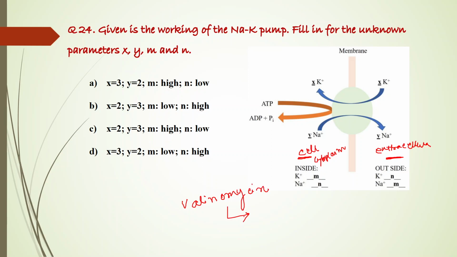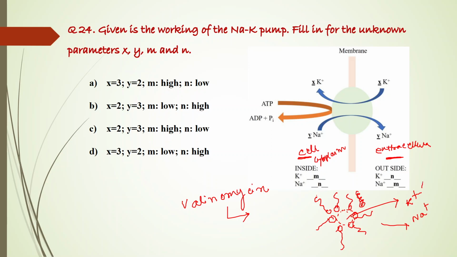If you look at the structure, suppose this is the hydrophobic part and this is the hydrophilic head groups. Just forget it. The cavity made by the protein is such that it can fit specifically a certain number of K plus ions or a certain number of Na plus ions.